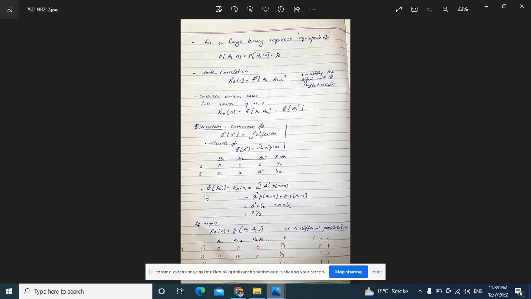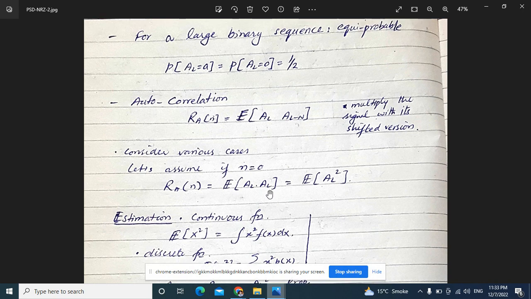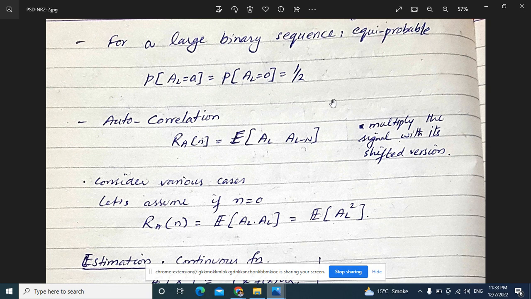For that we are just assuming the value of the amplitude. In a binary sequence you have two bits, either 0 or 1. For 1 you have the amplitude A and for 0 you have the amplitude 0. If both bits are equiprobable, then the probability of AL equal to A is equal to the probability of AL equal to 0, which is half.